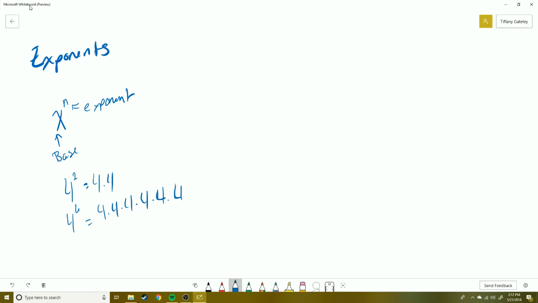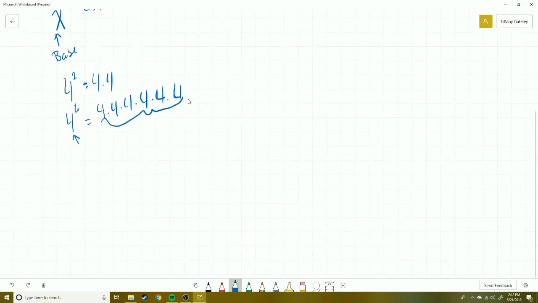And we just use exponents because it's a lot easier to write 4 to the 6th than it is to write this long thing over here, especially when you get into really big exponents, or if you get into physics and you're working with really tiny numbers, you'll have things raised to like the 16th or to the 32nd or stuff like that. So it's just a lot easier to write that than the big long thing.